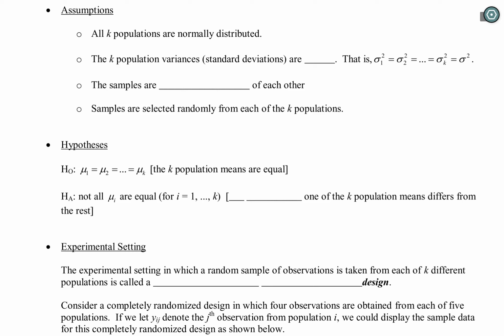In order to test the equality of several population means, these are the assumptions that we need: the populations are normally distributed, the K population variances are equal, and the samples are independent of each other and selected randomly from each of the K populations.